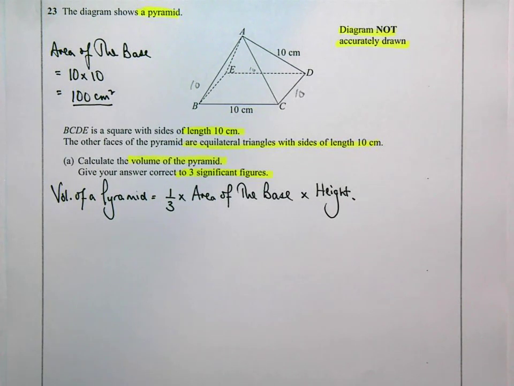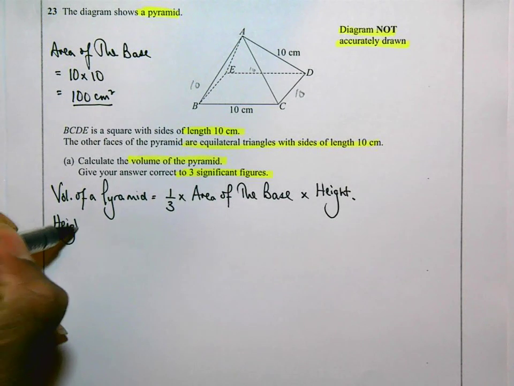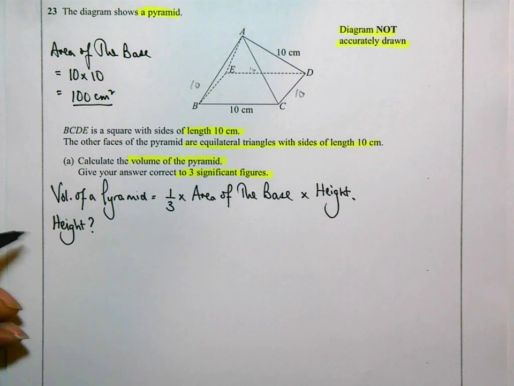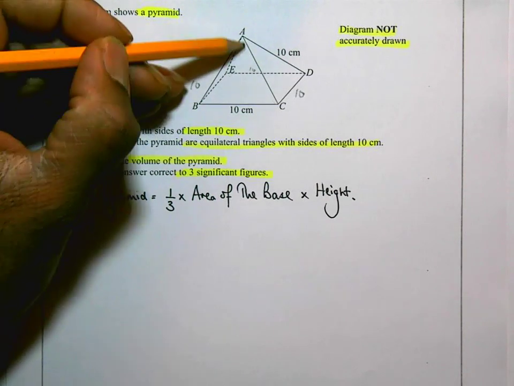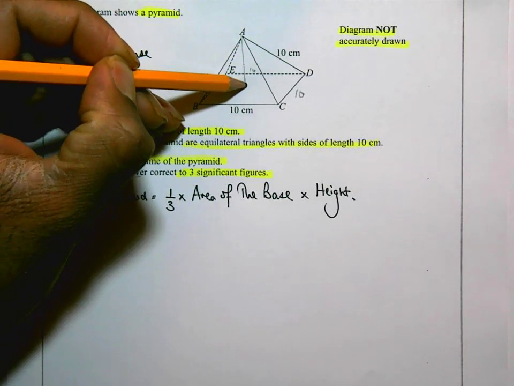What I need to work out though, and this is going to be the challenge in this question, is the height of the pyramid. Now the height of the pyramid is the distance from the top to the base below.